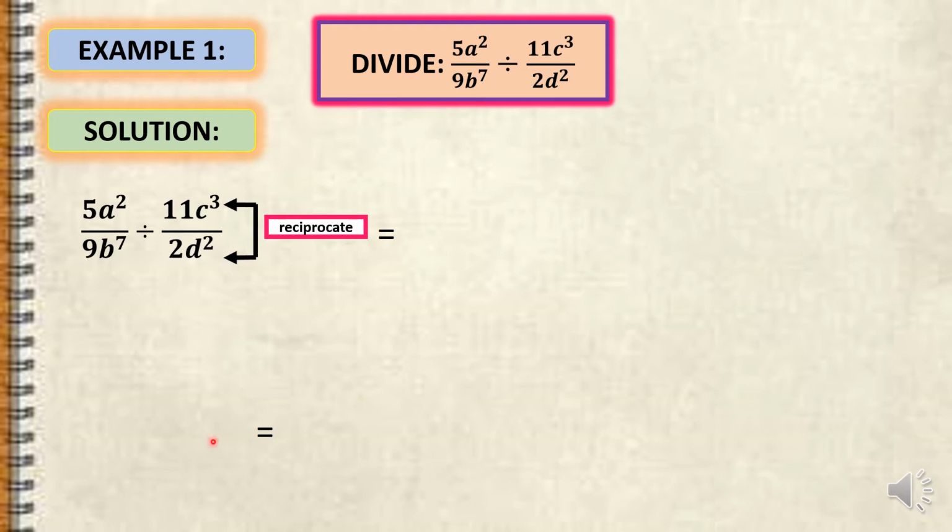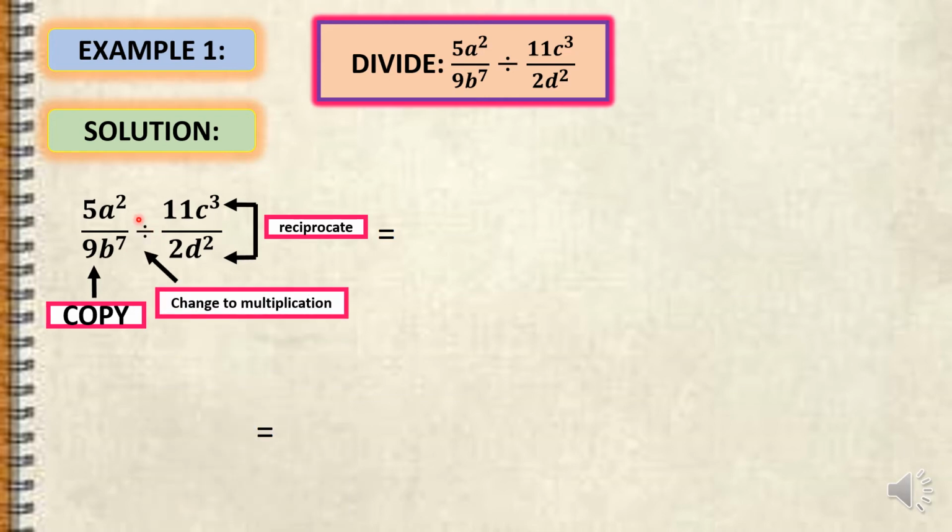And then next na gagawin is to copy yung ating first term. So kokopyahin lang yan. And then yung division dito, we're going to change that into multiplication. So first to copy, then change the division into multiplication, and then last is to get the reciprocal of the second part.